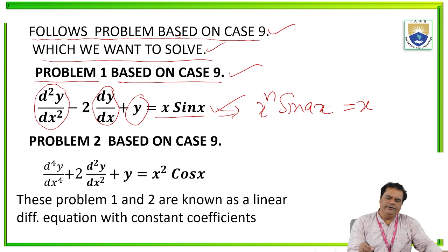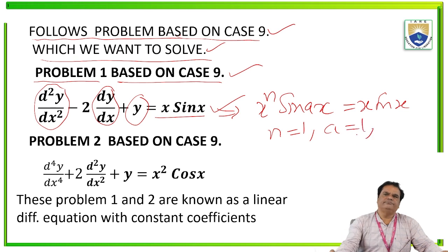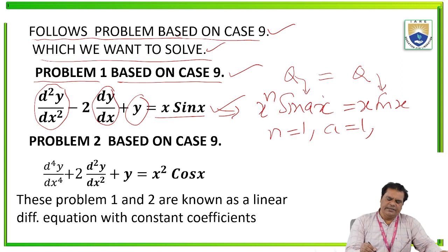What is given here? x sin x. So here n is 1 and a is also 1. Comparing, Q is the general function and this is the function given in our question.